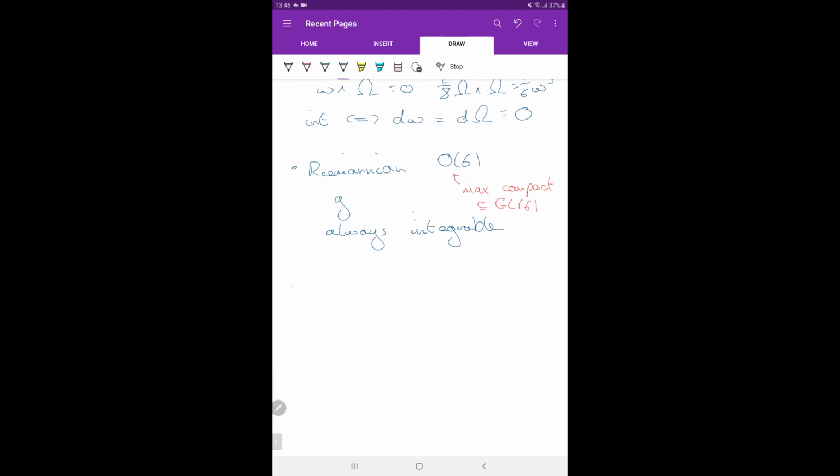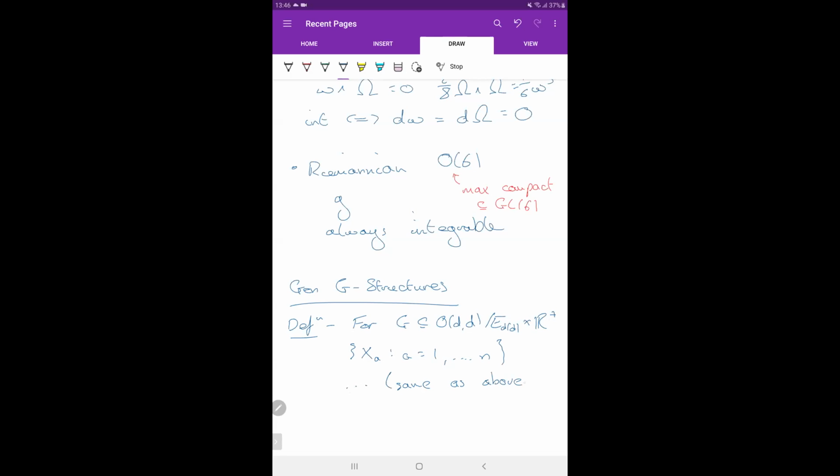So generalized G structures. Definition: for G, now a subgroup of ODD or EDD, depending on which situation you're in. It's defined by a set of tensors, XA, 1 to n, brackets, same as above.